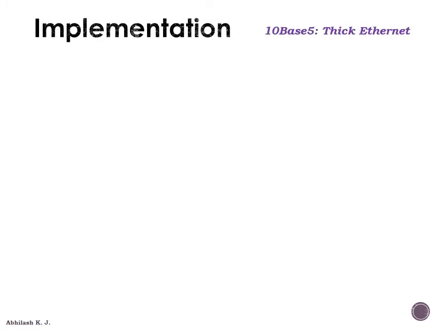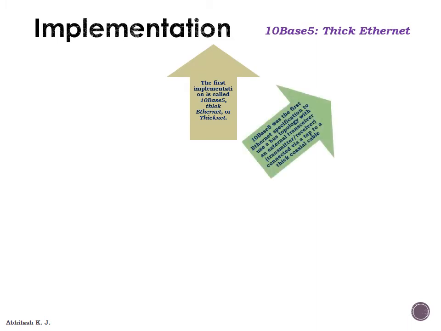First one is the 10 base 5 Ethernet implementation, which is also called thick Ethernet or thicknet. So 10 base 5 was given the name thick Ethernet because of the size of the cable. Since it was very large in size with a larger diameter, it was very difficult for one to bend the cable by just making use of hands.